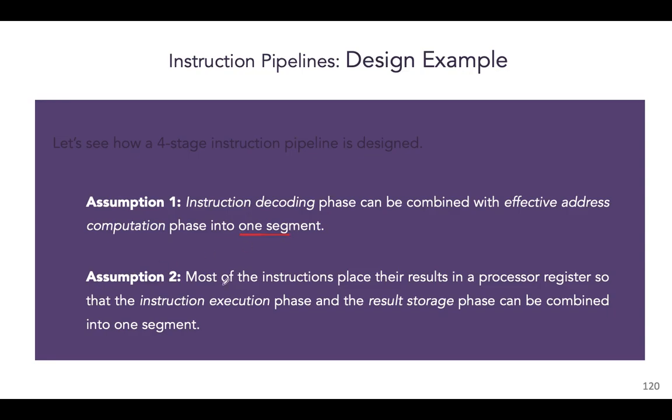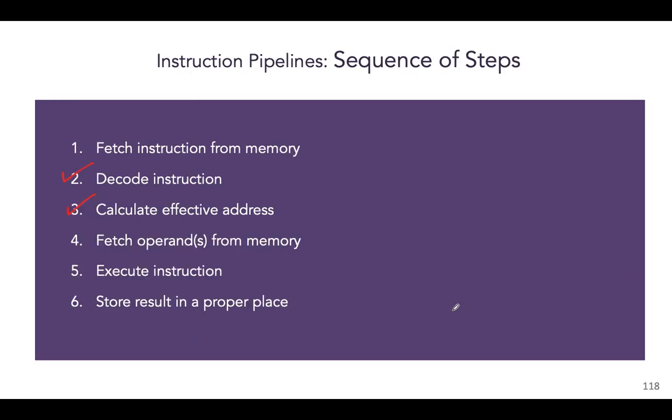And then assumption 2 is that most of the instructions place the result in a processor register, so that instruction execution phase and the result storage phase can be combined into one segment. So now again we have combined 2 phases into one segment. Those 2 phases are instruction execution phase and result storage phase. These 2. So these are the 2 main assumptions, very simple assumptions.